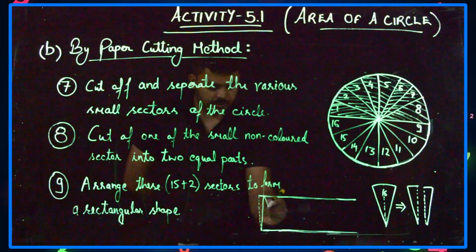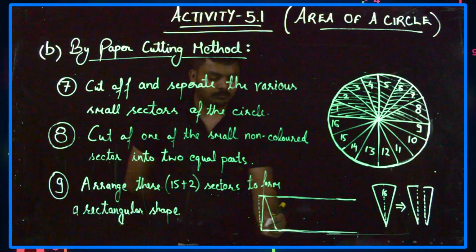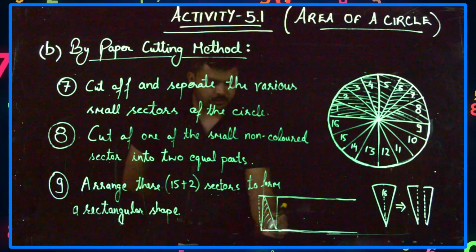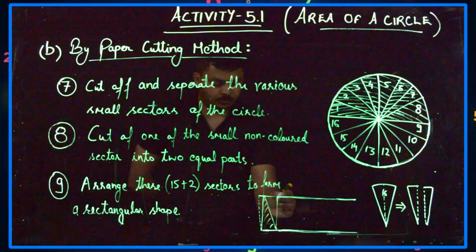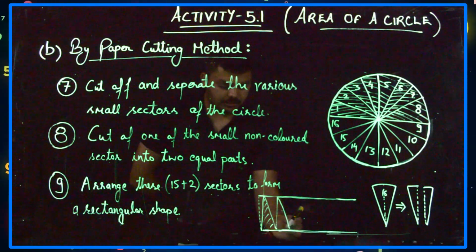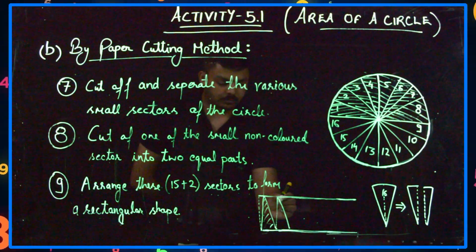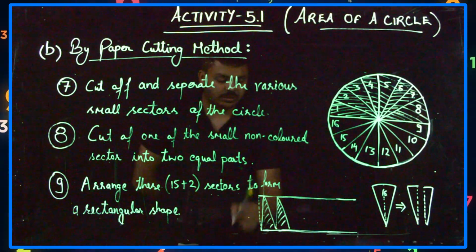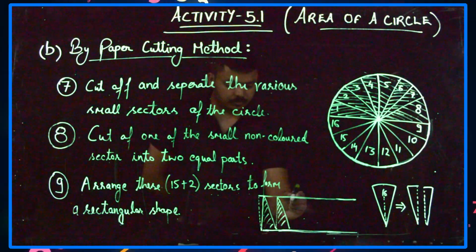Then a colored sector, then a non-colored sector, then again a colored sector, that is 2 colored sectors, 1 non-colored sector and 1 half non-colored sector.